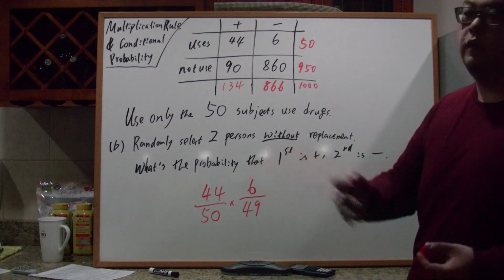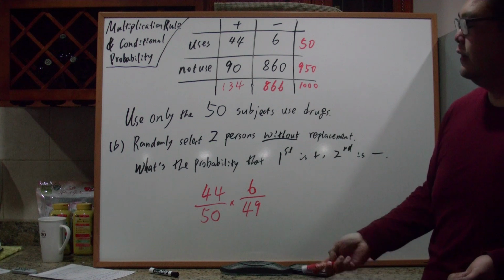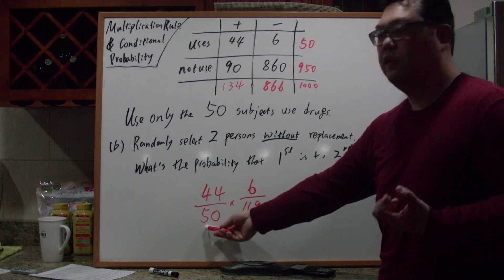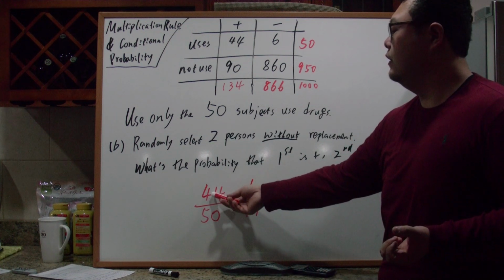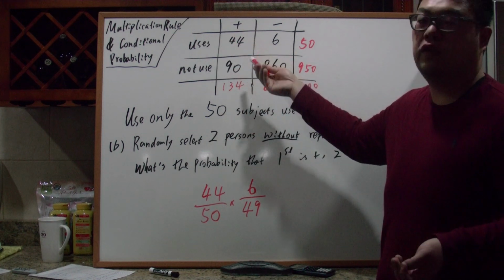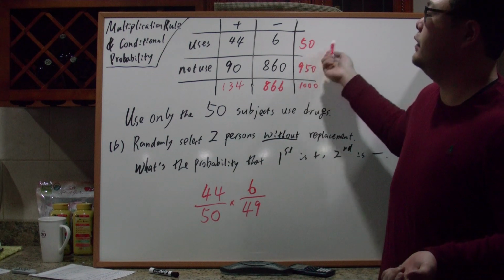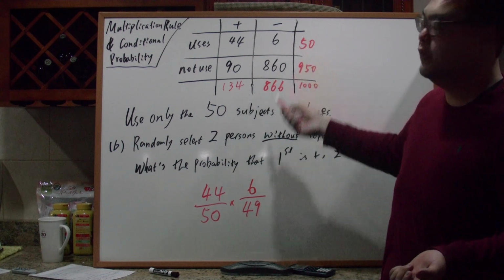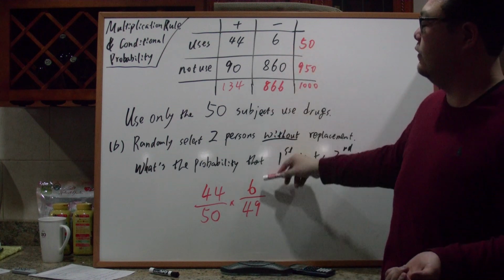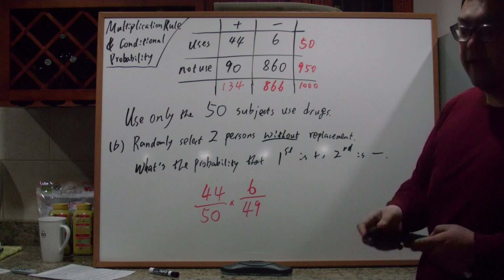Without replacement, the one you select, you put on the side. You do not put it back. So instead of 44 positives, that's 43 positives left over after the first step, and instead of 50 individuals, that will be 49 individuals left over, and the negative will still be 6. Right. So leaving it like that is fine.